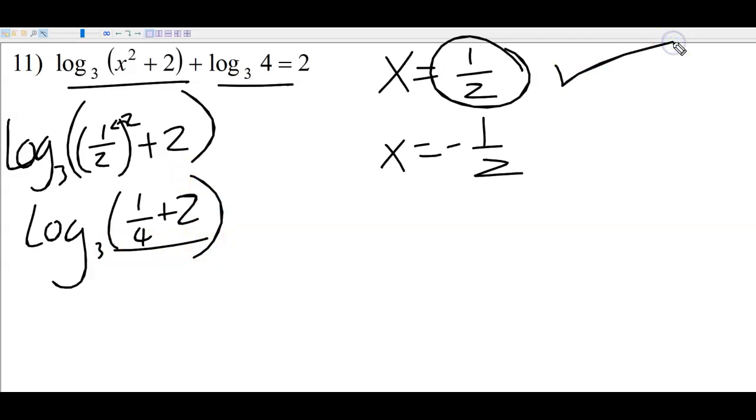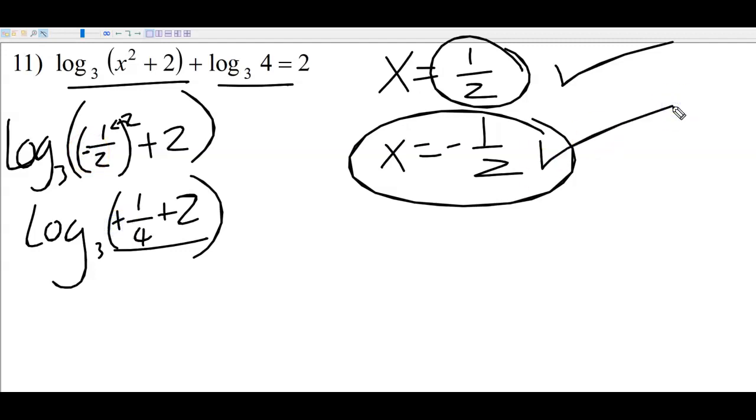So this is a good answer. And if we were to plug in the negative half, it doesn't matter, because even though it's negative, when you square it, it still becomes positive. So you end up with the same answer. So both of those are good answers. But just as a fair warning, you do have to make sure both of your answers work when you're doing log equations that involve quadratics, because it's possible that one of them won't work.